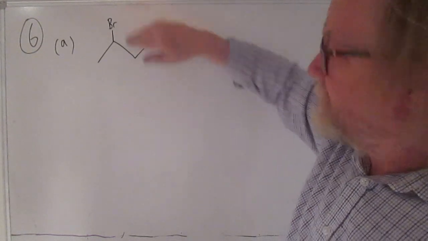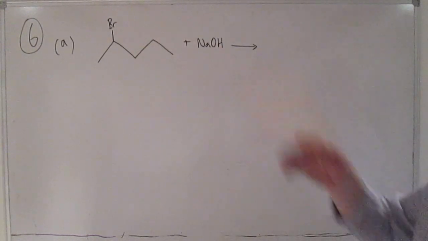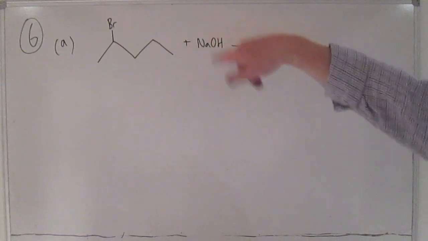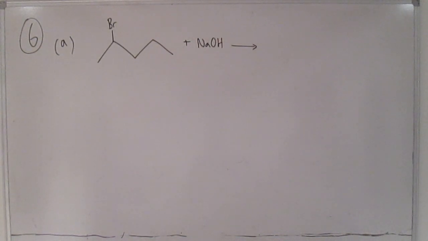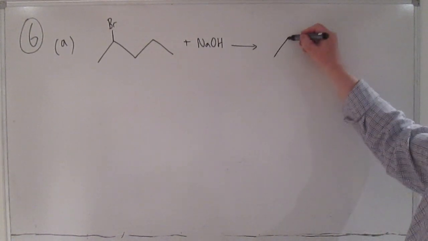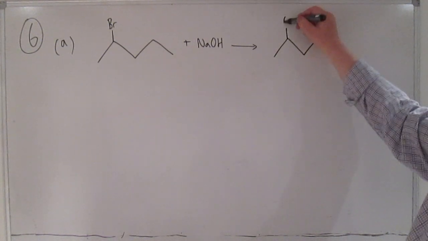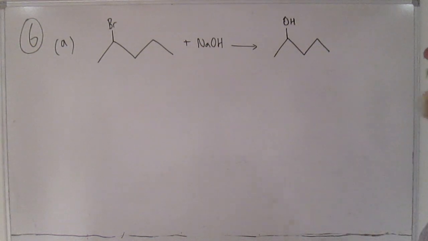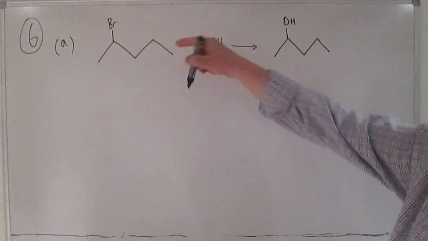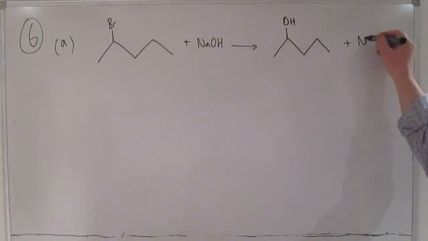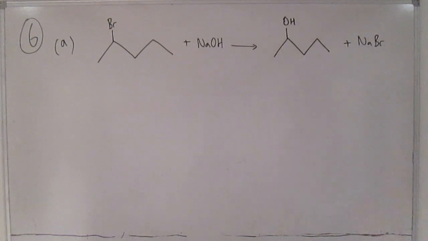Where the bromine was, the OH ends up. So that's 2-bromopentane, chain of 5 with the bromine on the second carbon, and it's going to still have the chain of 5 with the substituent at the second carbon, but that's now going to be OH instead. And you can see, just to balance the equation, that means that NaBr will be the other product. So that's the equation.